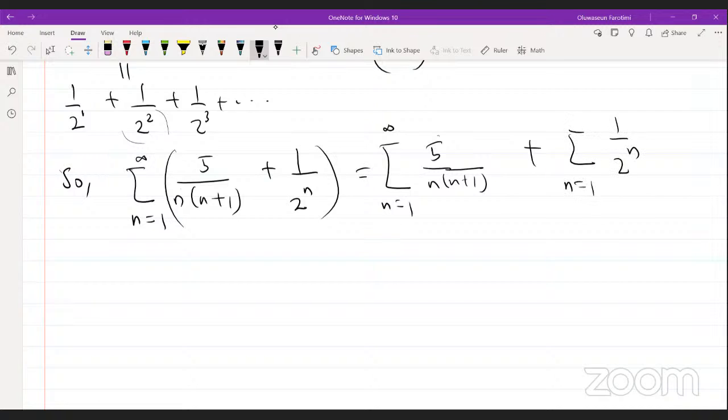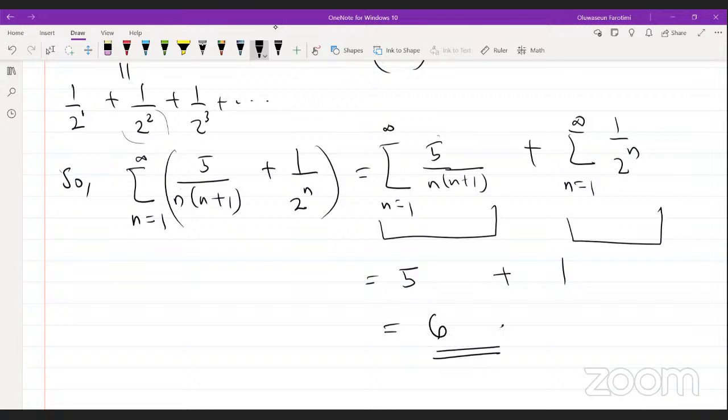We already saw this, I'm just rewriting it. This part gave us what? 5. This part gave us 1. So 5 plus 1 gave us what? Gives us 6. Such an interesting calculation.